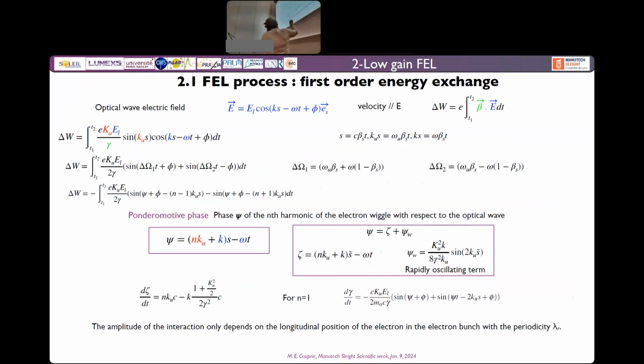So then I can write the energy exchange like this.